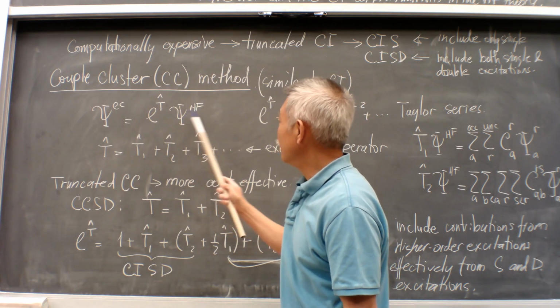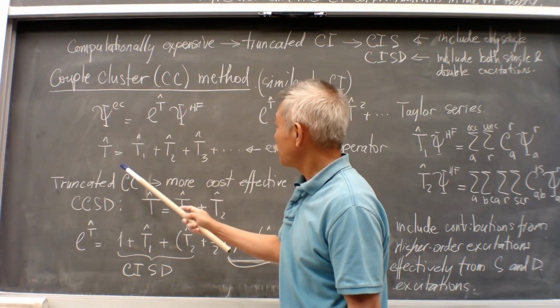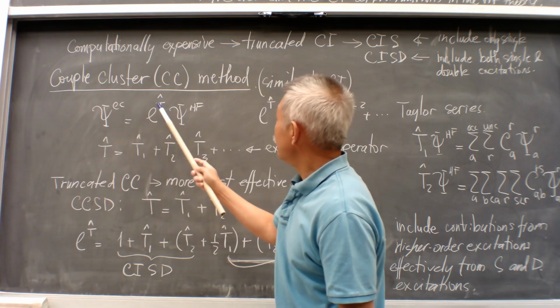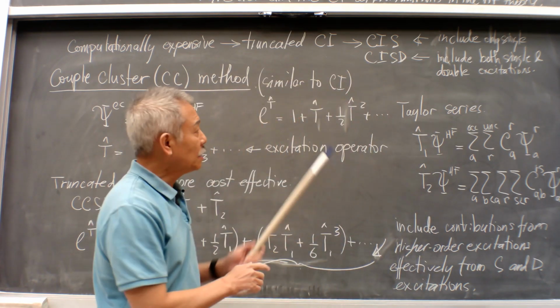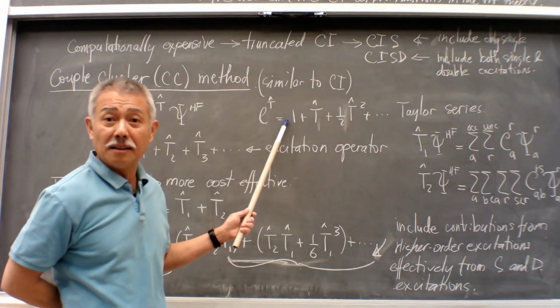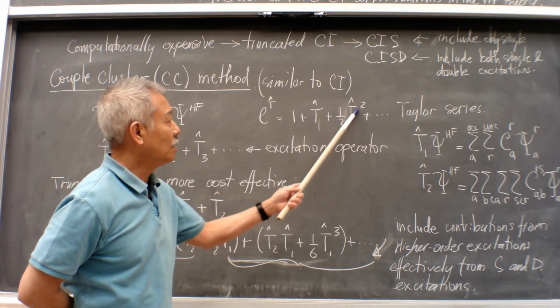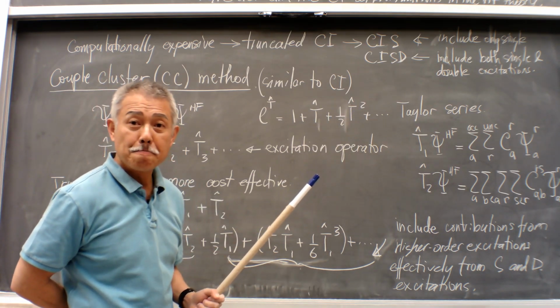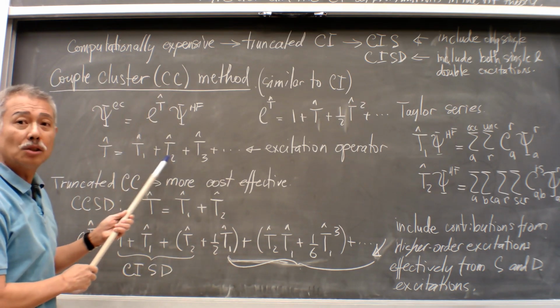So these operators operate on the Hartree-Fock wave function. If we expand the exponential of T in a Taylor series, it is 1 plus T plus 1/2 T squared and so on, and T here is a sum of T1, T2, T3.